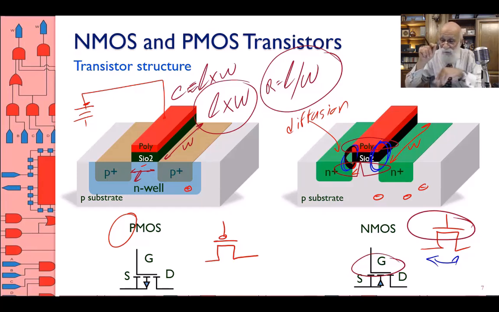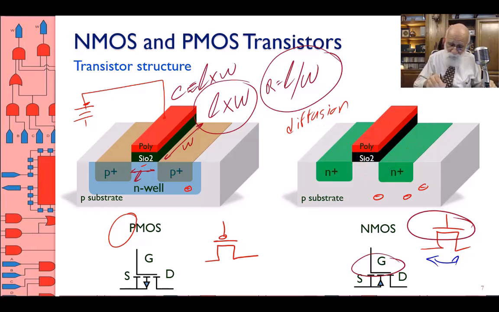What it means is, for the same size transistor, the one on the right and the one on the left, the resistance for the p-type is formed by traveling of the holes.